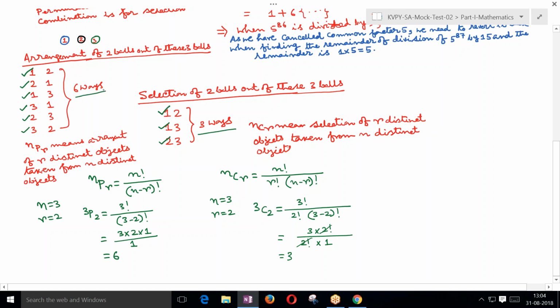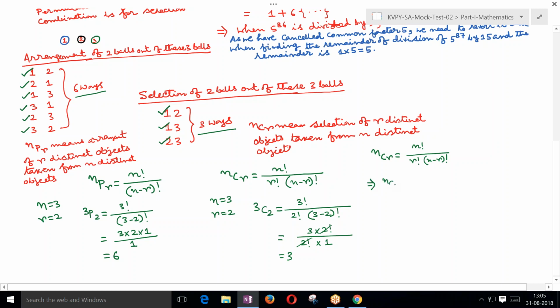There is a beautiful relationship between the permutation and combination. How is it? You see NCR, what did we write about NCR? NCR is equal to n factorial divided by r factorial into n minus r factorial. So from here what can we write?